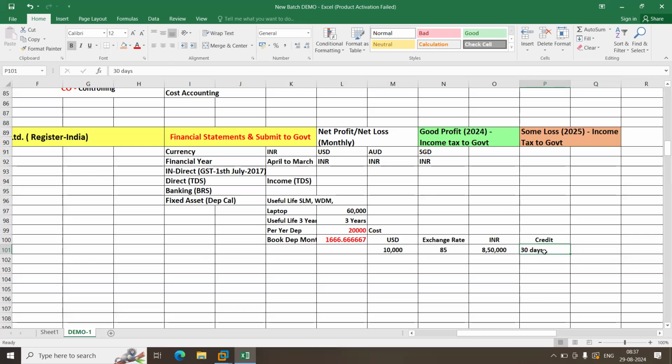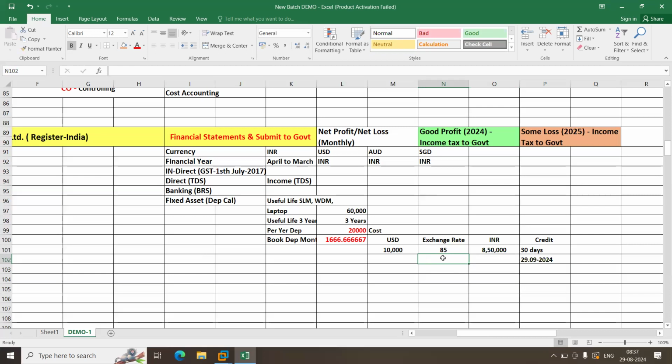Today I have purchased something for 10,000 US dollars, and as per today's exchange rate, I'm going to book this INR value. Then after 30 days I'm going to pay, somewhere around 29th September. So the dollar rate can increase or decrease.